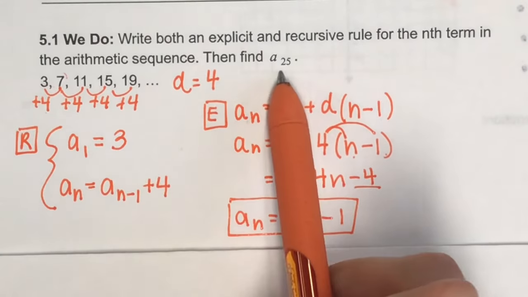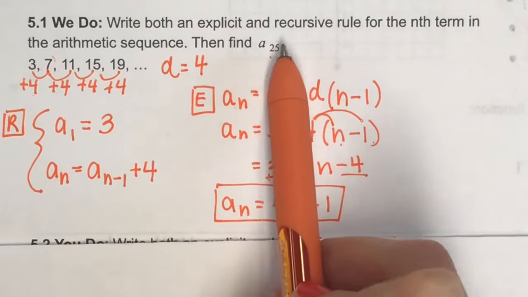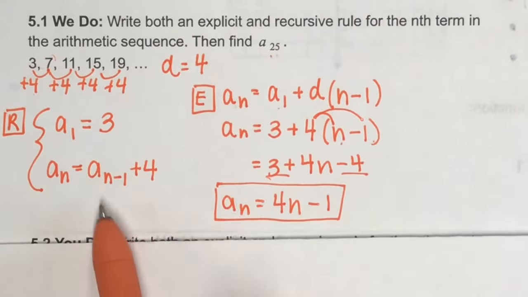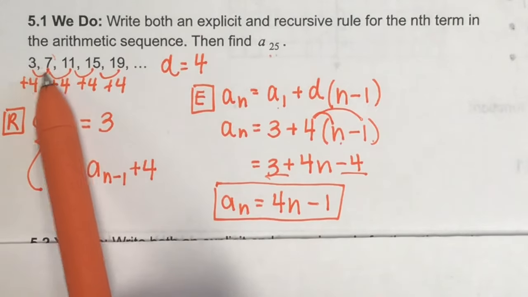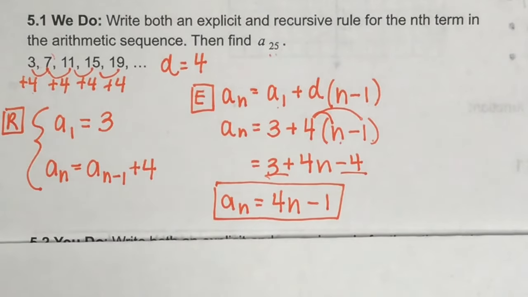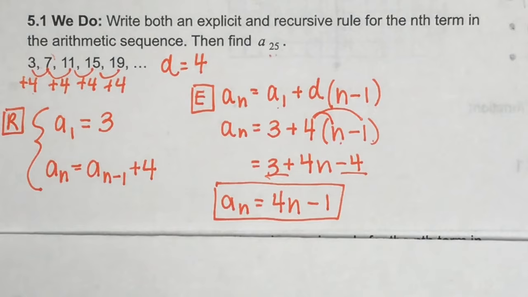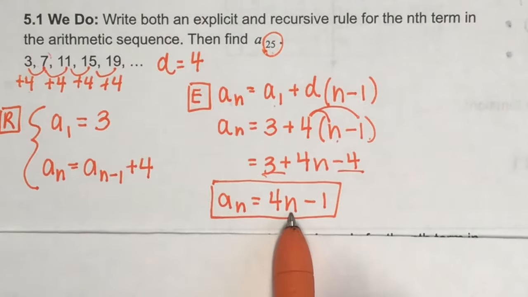Now, the last thing it asks me to find is a25. That means the 25th term. What I can do is go to the first term and continue to add 4, 1 time, 2 times, 3 times, 4 times, all the way up to 25. Or, if you don't want to do that because that seems like a lot of work, what I'm going to do is take this 25 and plug it in for my n term.